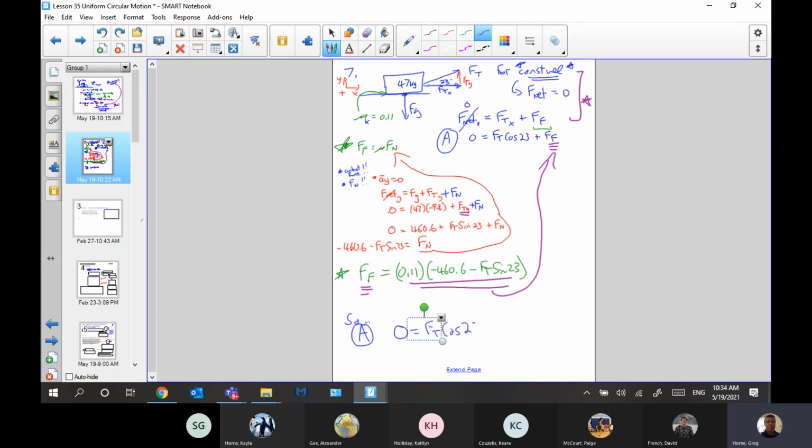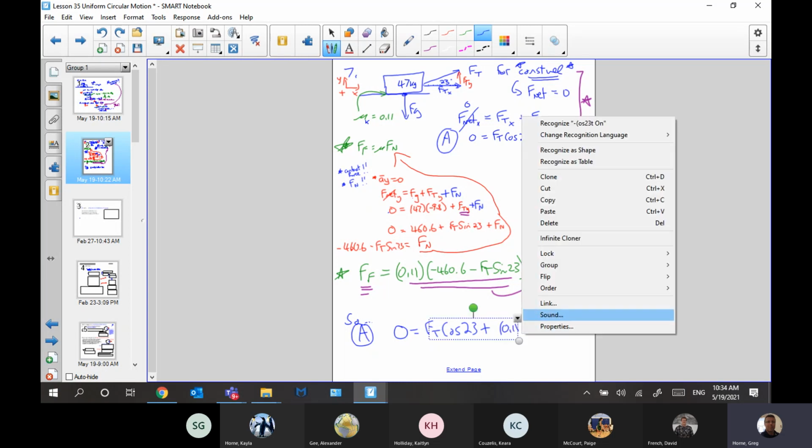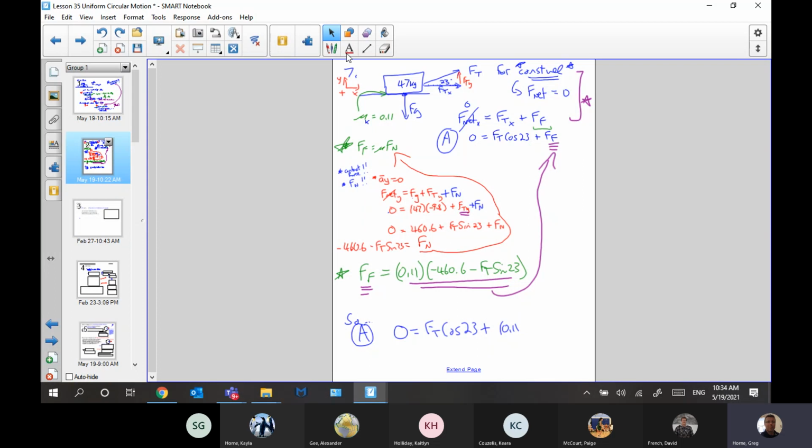cos 23 plus this 0.11 stuff. I'm just going to save myself a little bit of writing with that pen, just doing its craziness to me. Just going to clone that thing, take the bits of it that I want, except for that bit, apparently.